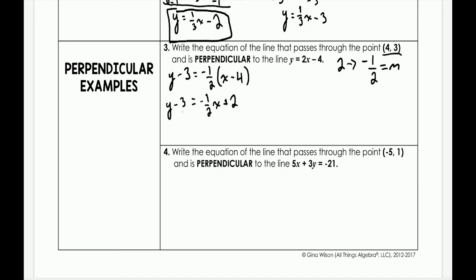We're left with y minus 3 on the other side. So in order to get rid of the minus 3, we're going to add 3 to all sides. And that gives us y is equal to negative 1/2 x, 2 plus 3 is 5. So the equation of the perpendicular line to the given line would be y is equal to negative 1/2 x plus 5.